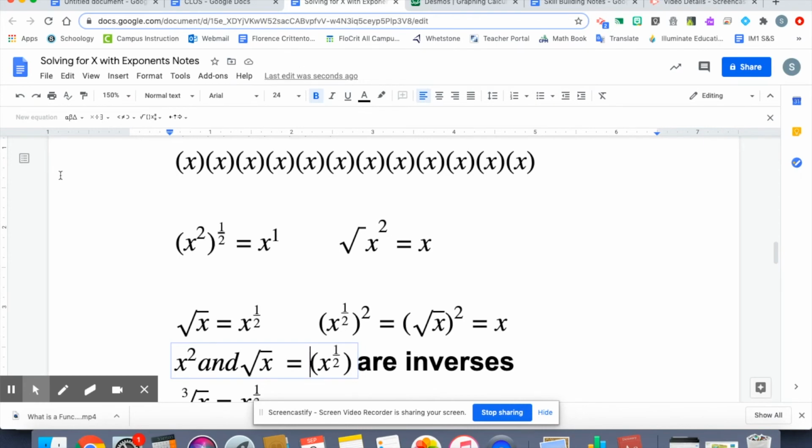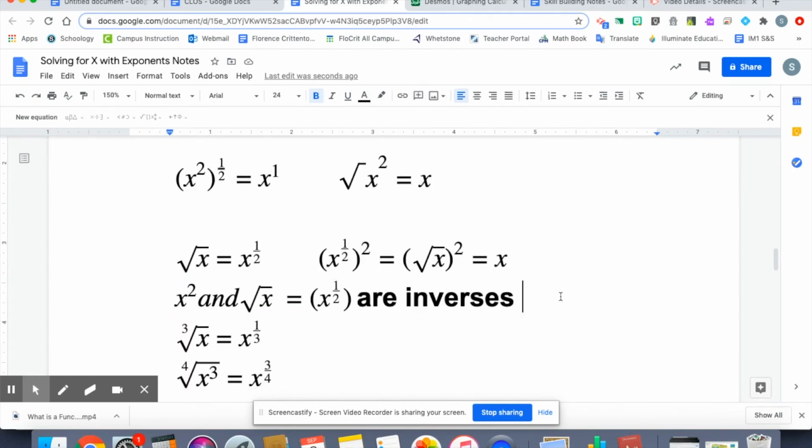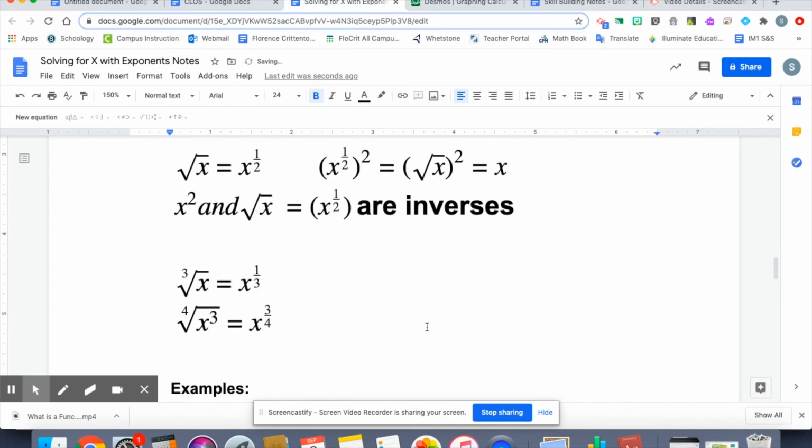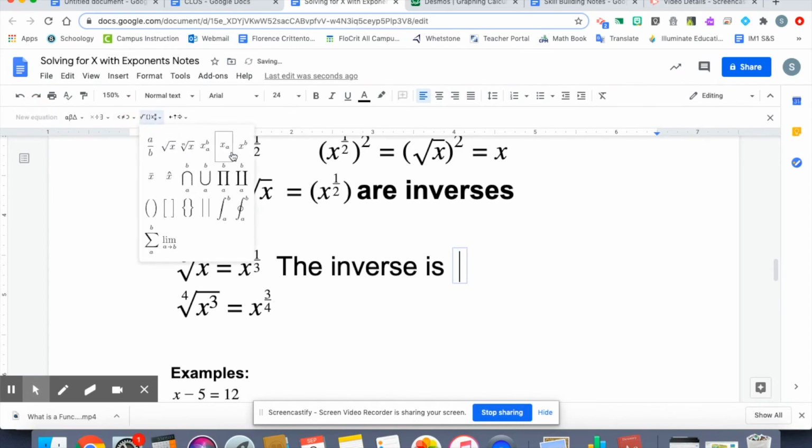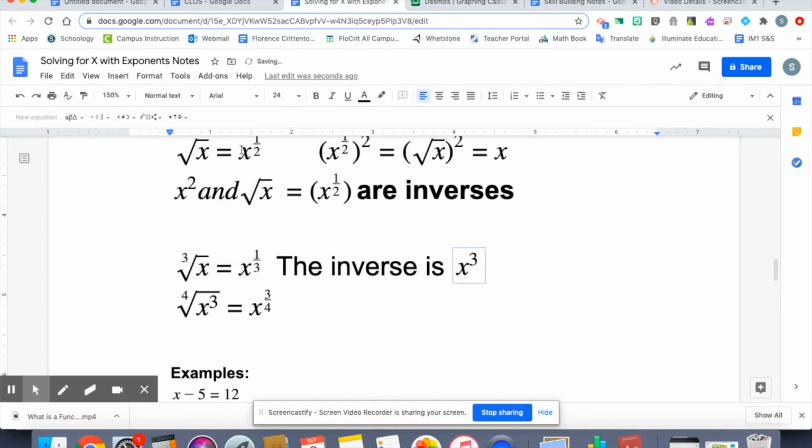Which means if I have an x squared, to undo it, I'm going to use the square root and vice versa. We're going to look at that in a second. Finally, just quickly, the cube root is the same thing as the power of 1/3, which means the inverse is x cubed. So x cubed and cube roots undo each other.